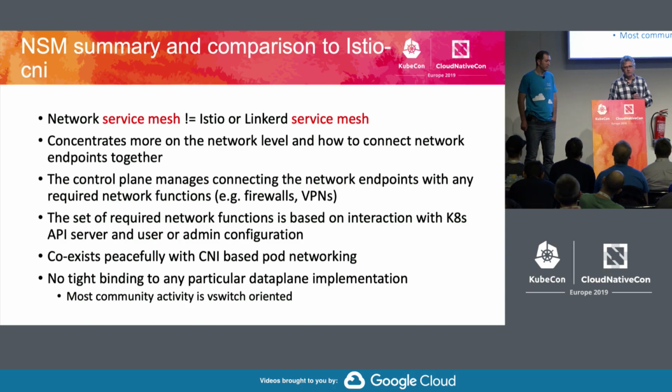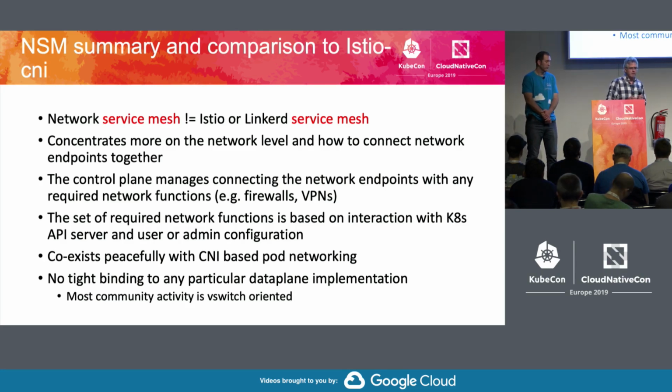Network service mesh concentrates more on the network level and how to provide basic network connectivity and network services along the lines of a connection or between endpoints of a connection. So it's less about how the app might want to do all its work, and more about how the network is constructed between a source and a destination.